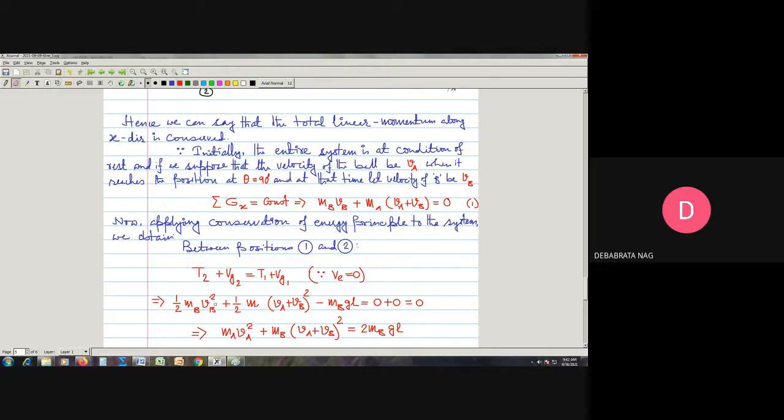This represents the kinetic energy. This total kinetic energy should be equal to half MA into (VA plus VB) whole square, and this, we can say, consists of only the potential energy of the bob. So we can take that this will be equal to MA into GL.